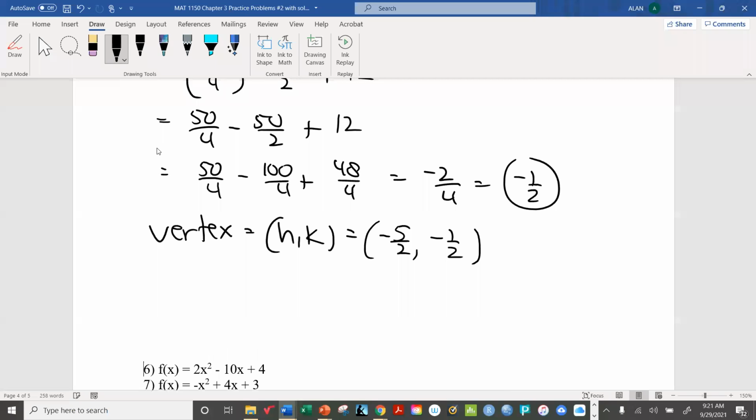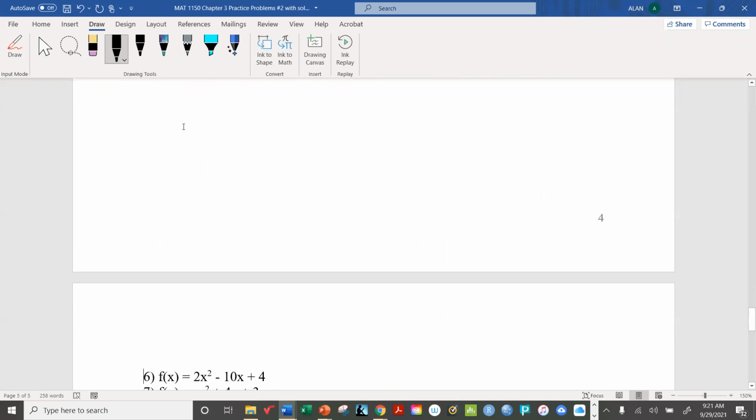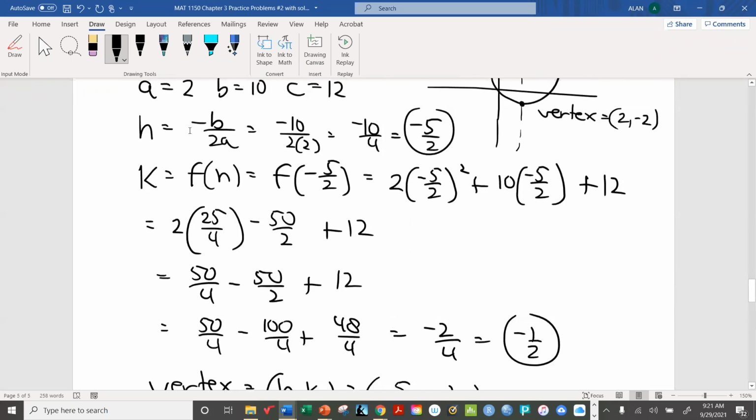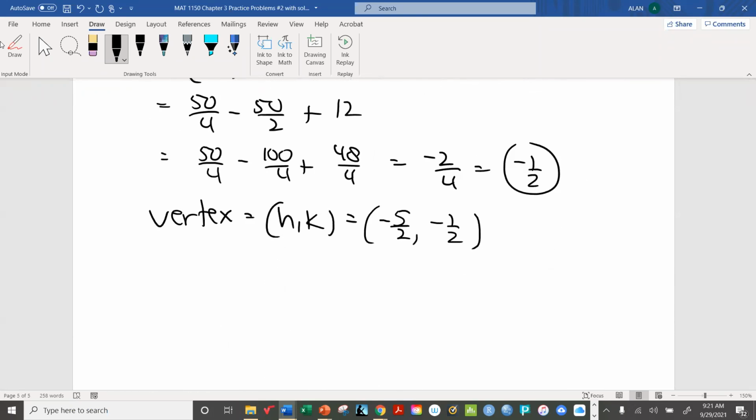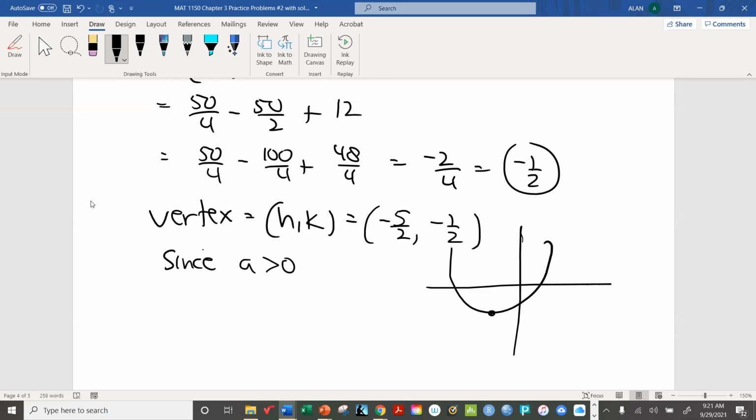Now, without the symbol lab, what we can do, at the very least, is see that because a is positive, that means the parabola is sloping upward. And the vertex will be the minimum point on this function.